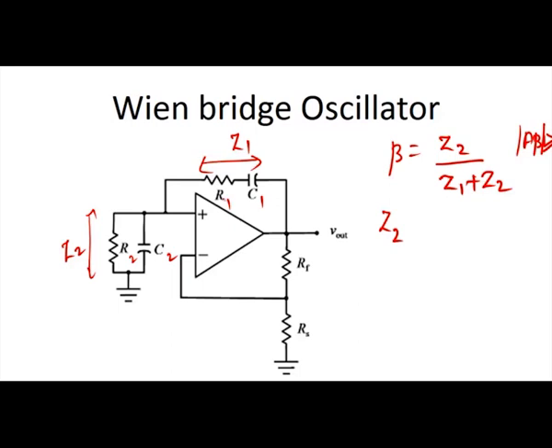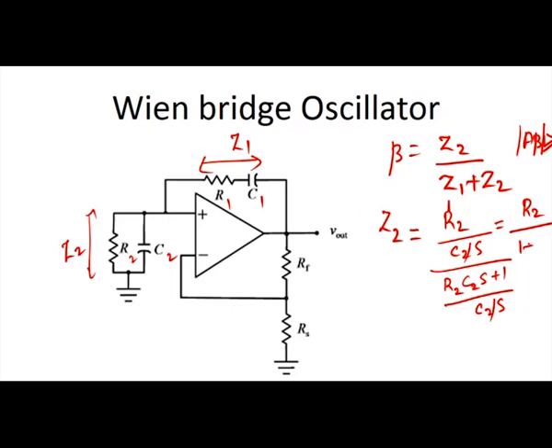Before deriving, consider these 2 resistors are not equal, capacitors also are not equal, and Z2 now will be R2 into 1 by C2S divided by R2 plus 1 by C2S. If you take LCM, it is R2 C2S plus 1 by C2S. So, these 2 terms will get cancelled. Finally, it is R2 by 1 plus R2 C2S.